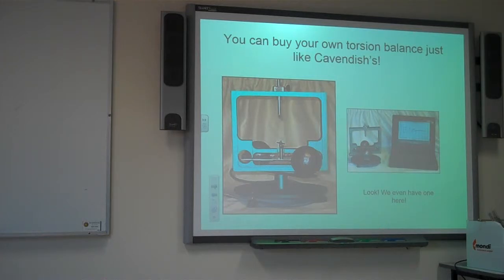By moving those lead balls over to one side, there's going to be a gravitational attraction between the big lead balls and the small ones, and that will twist the whole torsion bar, so it's actually going towards that side. If I pull it back over this way, then it pulls it back over this way.